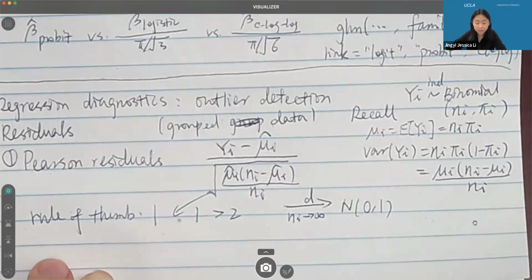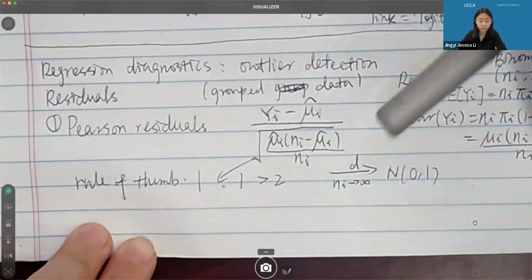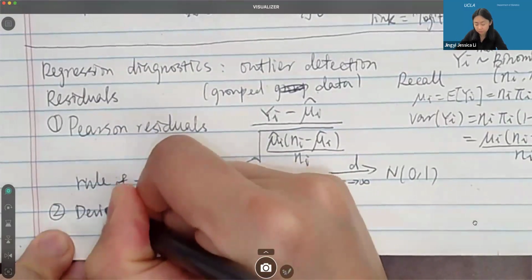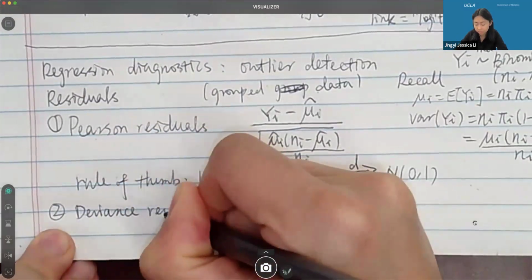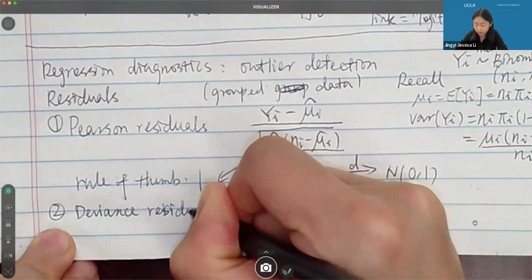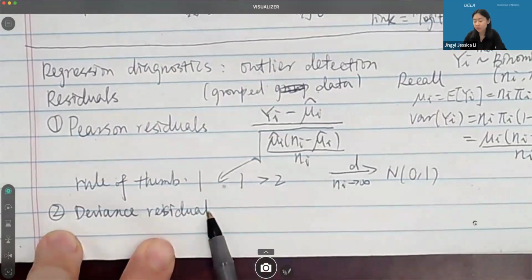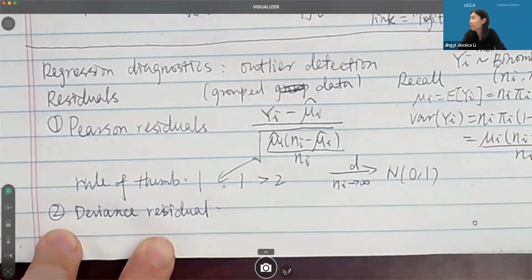Another thing is the deviance residual. The deviance residual will, by name, rely on the deviance. So if you recall, what is the deviance? Do you remember?